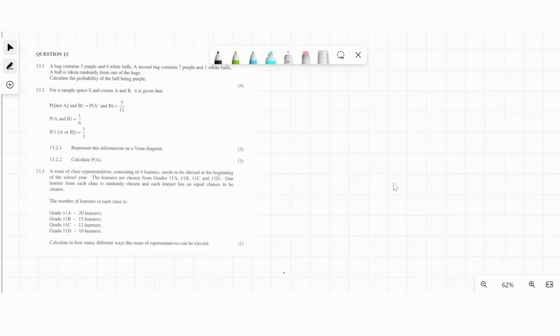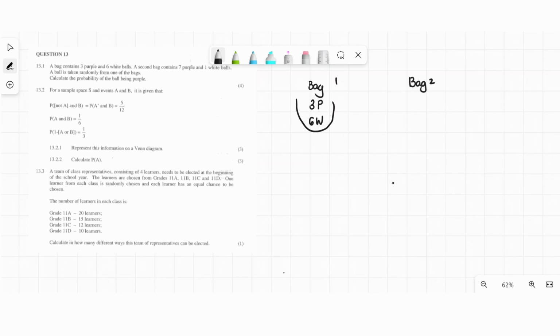Then question 13 says a bag contains 3 purple and 6 white. So it's going to be 6 white balls. So bag 1 here, right? We know the fact that it has what? It has 3 purple, which I'm going to represent by P, and 6 W, which is going to be white. So this is bag 1. Then bag 2, right?